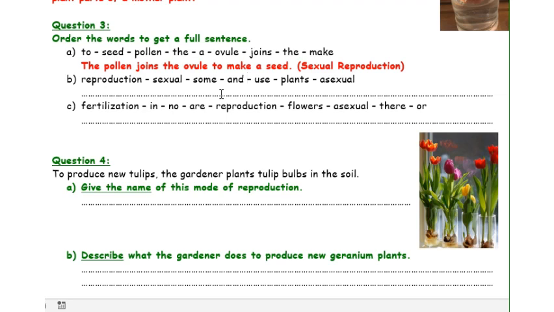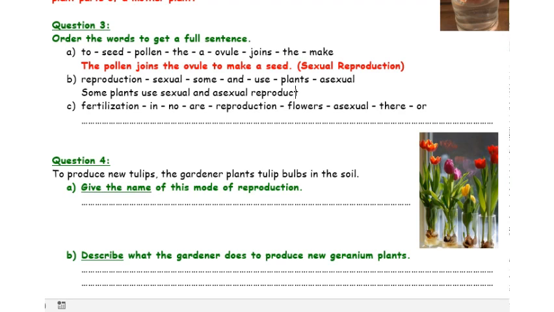Reproduction, sexual, some, and use plants asexual. So here, for sure, we're talking about some plants. So some plants use sexual and asexual reproduction. I will take the example of the strawberry plant.